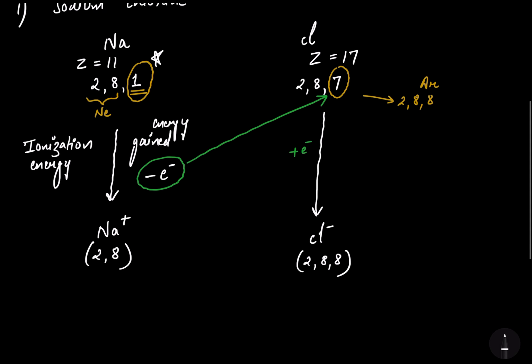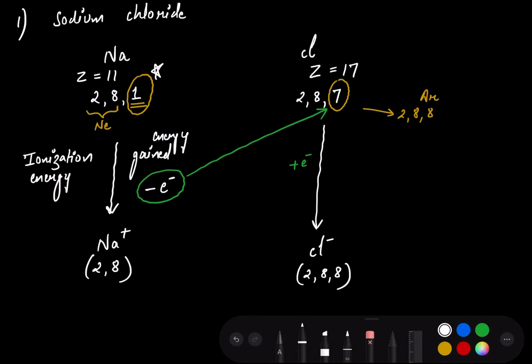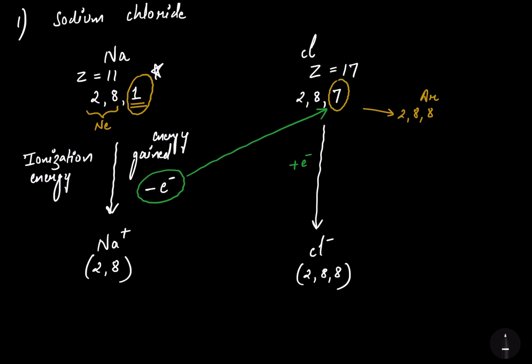So here whenever an element gains an electron, the energy is always released, or we can say liberated, and that is called electron gain enthalpy.